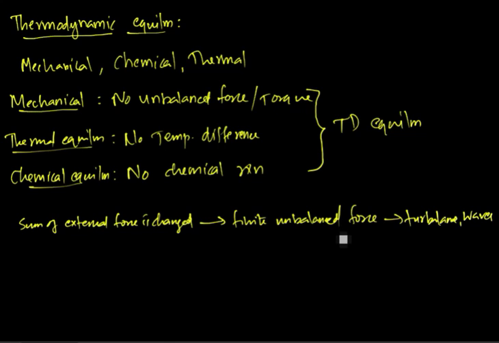So when there is a finite unbalanced force acting on any part of the system or on the system as a whole, some sort of turbulence will be generated and it will set up some waves in the system, or it may execute some sort of accelerated motions.